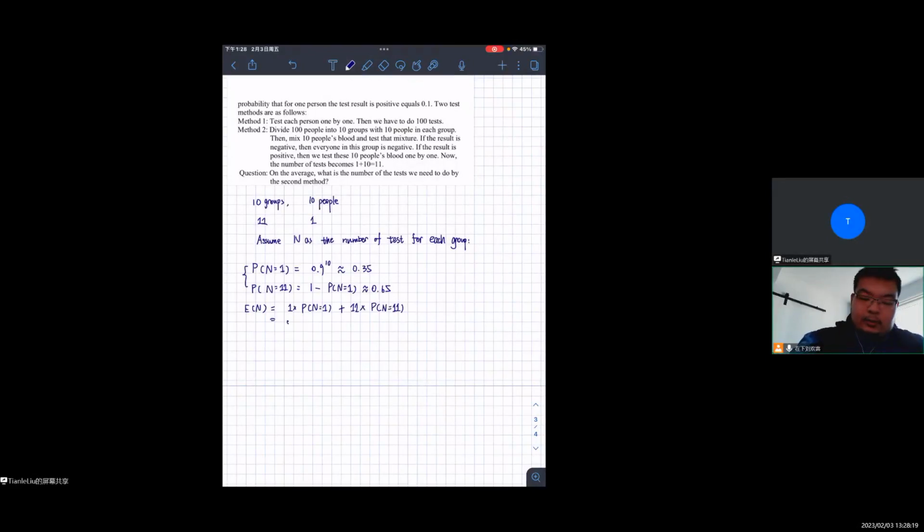We can see it's 0.35 plus 11 multiplied by 0.65, which is 7.5.